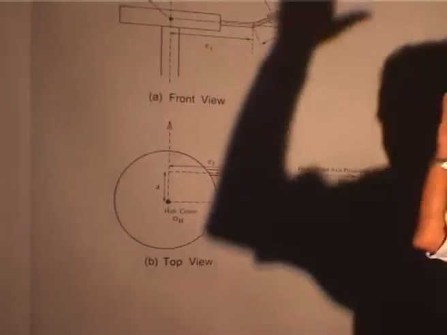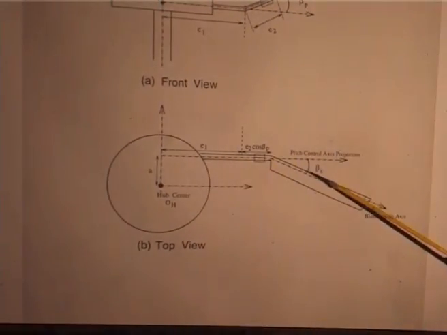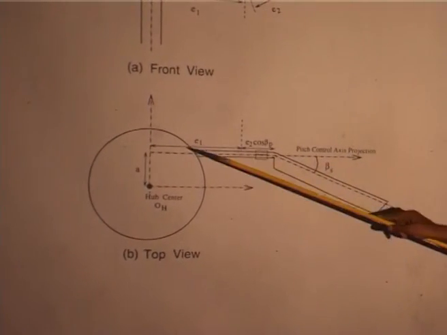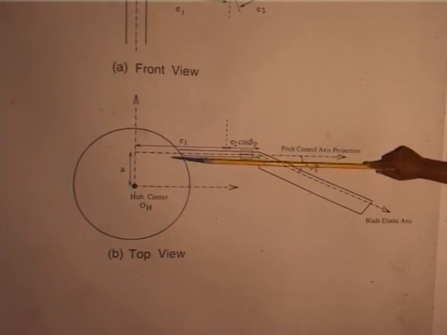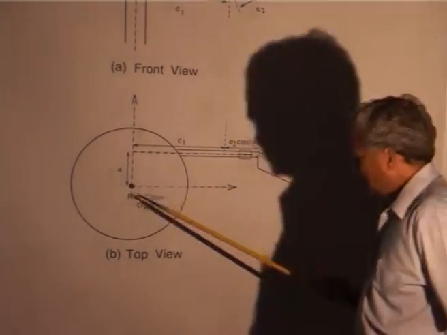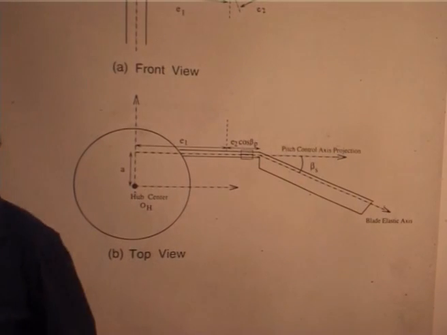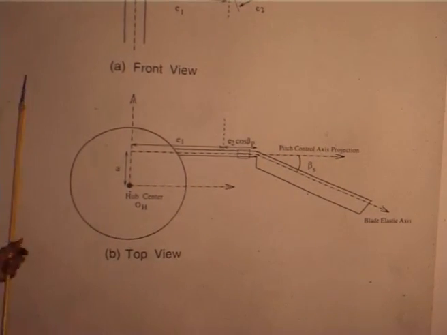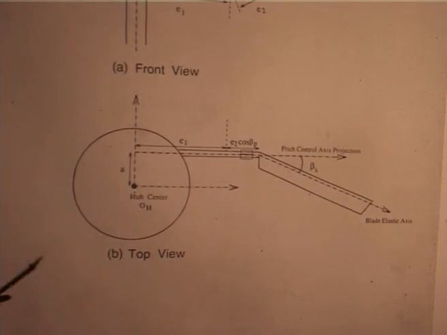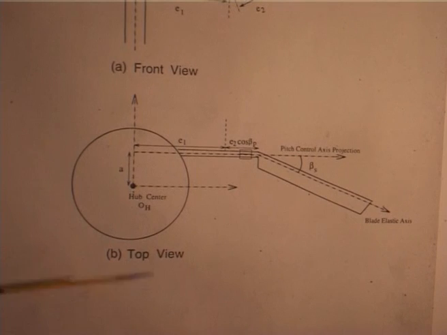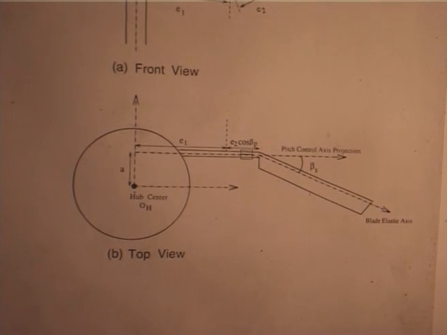Now, the next: from the top view, I said pre-sweep. You see the axis of the blade need not pass through the center of the hub. It is not that the blade is attached right here; it can also be offset by some small distance.